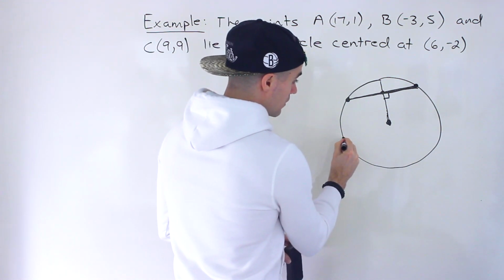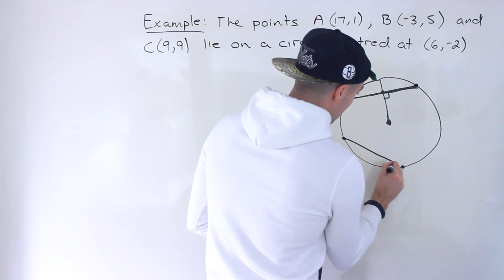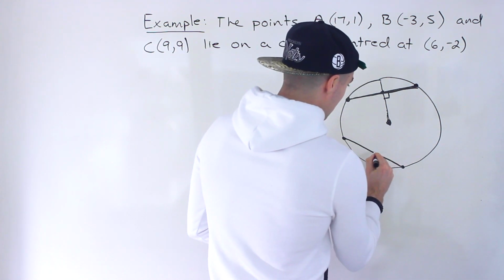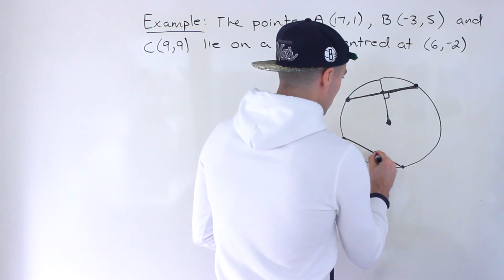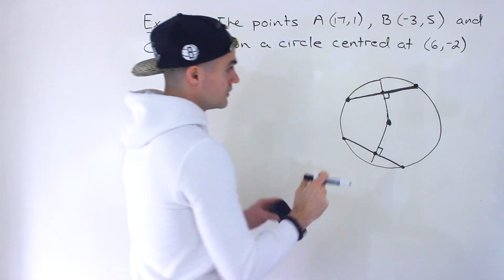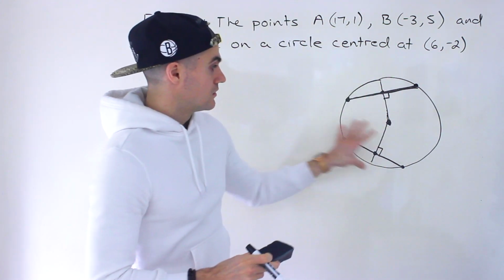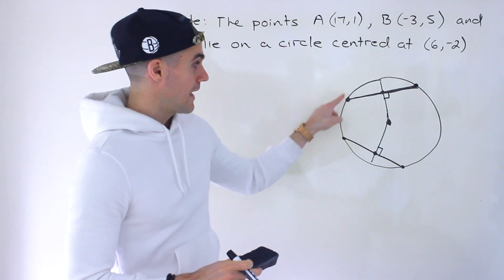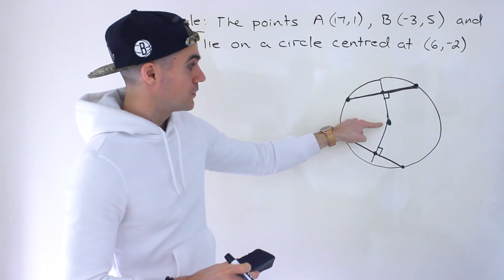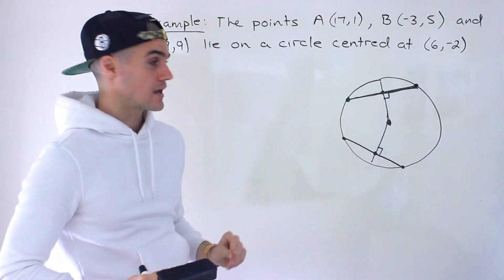So if we draw another chord, let's say over here, like that, and then we draw the right bisector of that chord, it's going to go through the center as well. So the right bisector of any chord is always going to go through, or intersect at, the center of the circle.